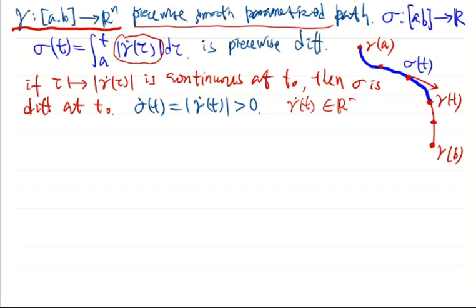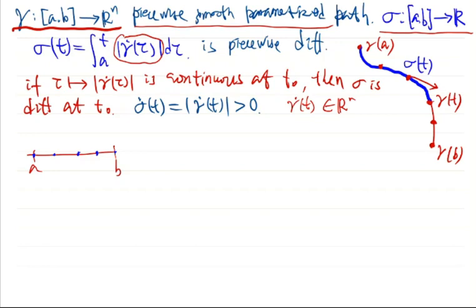So this function sigma defined over the interval ab, the derivative of this function is positive except at finitely many points in ab. Here is the interval ab. Except these finitely many points, at other points the derivative is positive, and sigma is continuous.